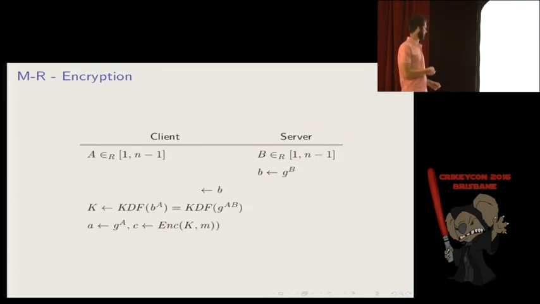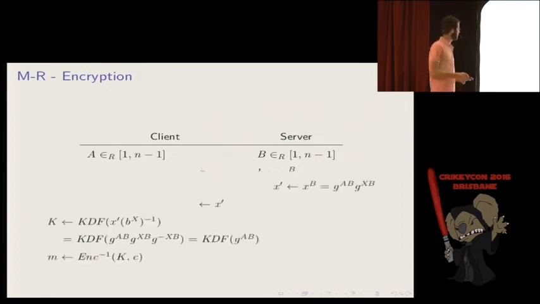And then having computed the symmetric key k, Alice saves her public key and the ciphertext, which is just the encryption of the message m with the derived key k. So that's the encryption phase. Nothing gets transmitted to the server at this stage. We only read information from the server, and this can be done offline as well. For example, you could include the public key for your infrastructure as part of a corporate standard build image, or so on, so that the provisioning phase can occur without any network communications.